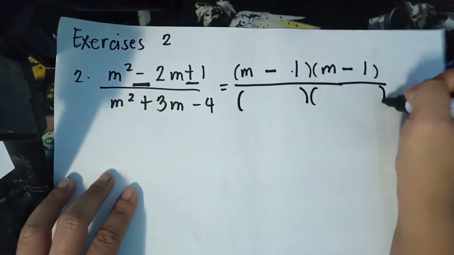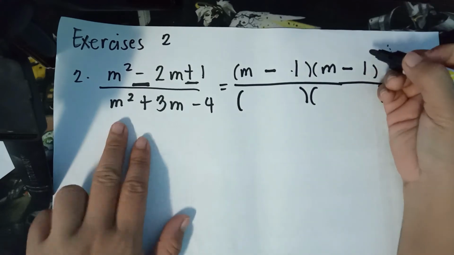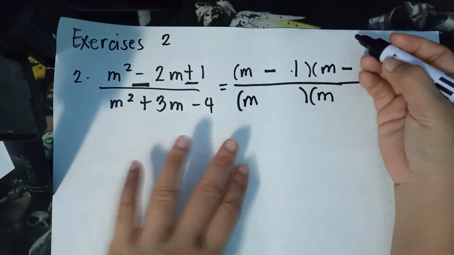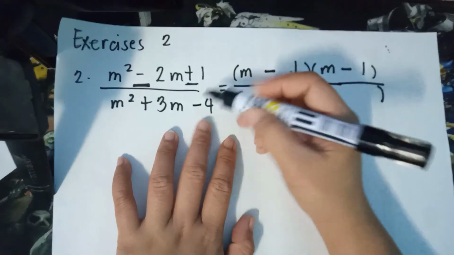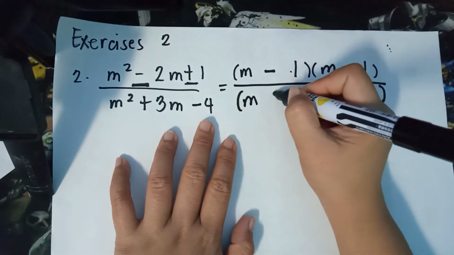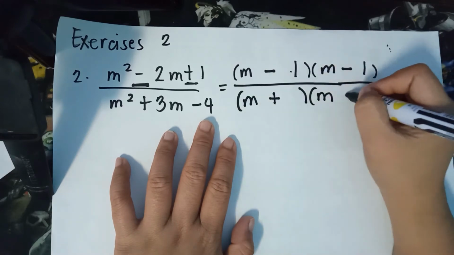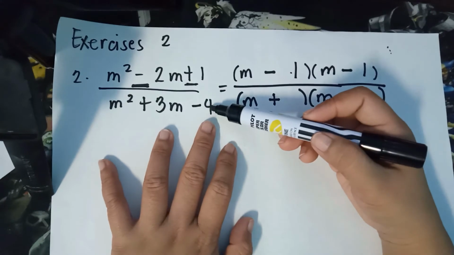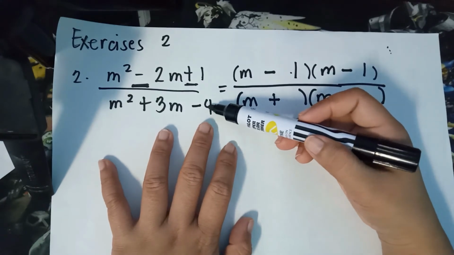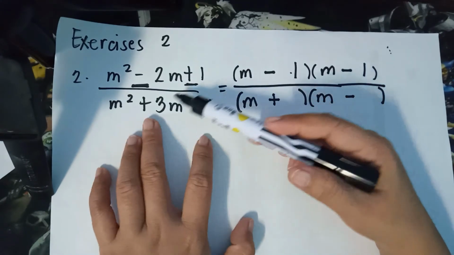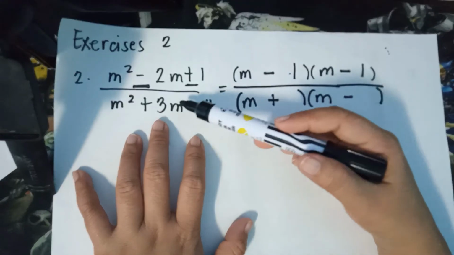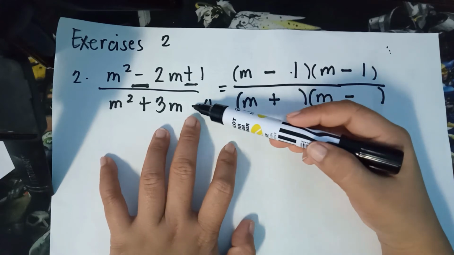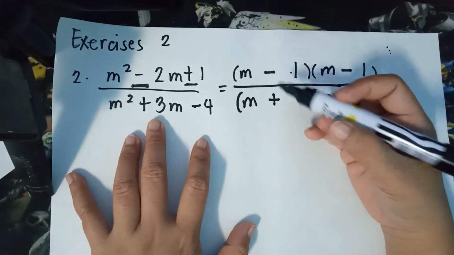Next, the denominator. Factors of m squared: m and m. Since the last term is negative, the signs will be positive and negative, or different in sign. Now, 4. What are the factors of 4 that if you subtract, the answer is positive 3? Again, the factors of 4 that if you subtract, the answer is positive 3.